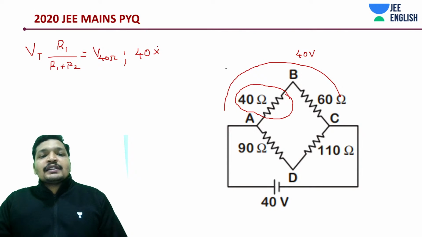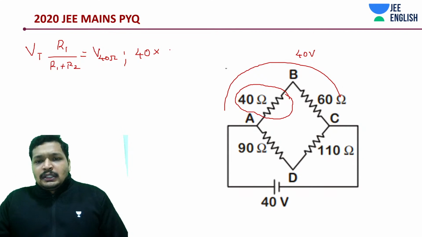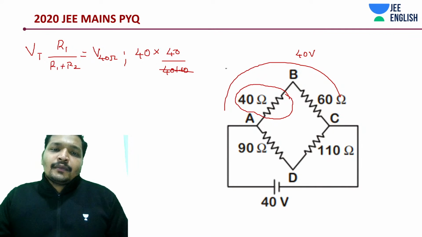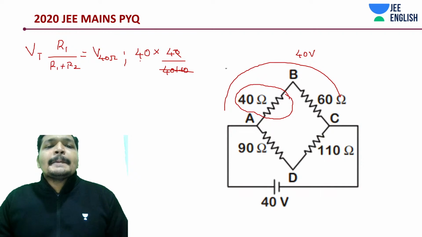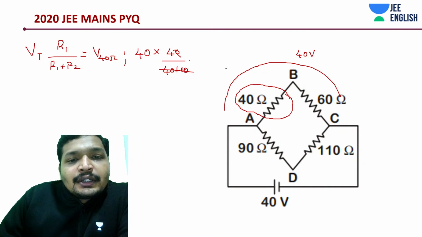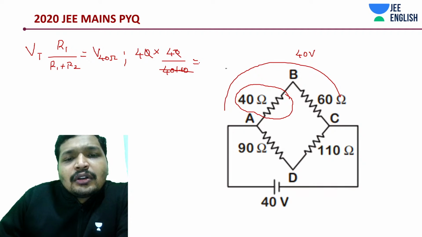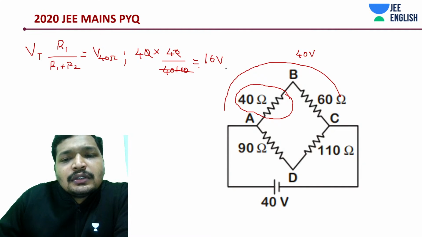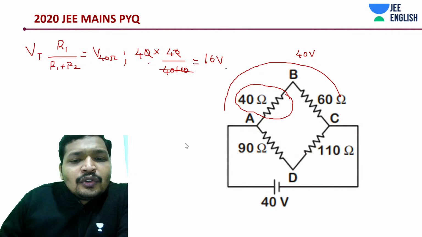Then we have 40 ohms divided by 40 plus 60. This is 100. This is going to be 16. So V of 40 ohms is 16 volts.